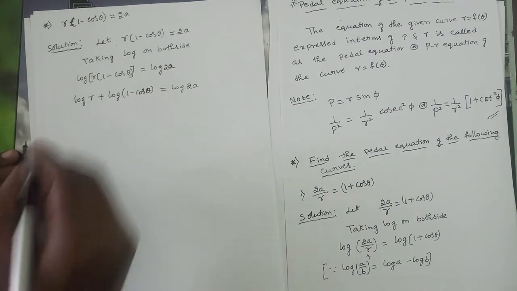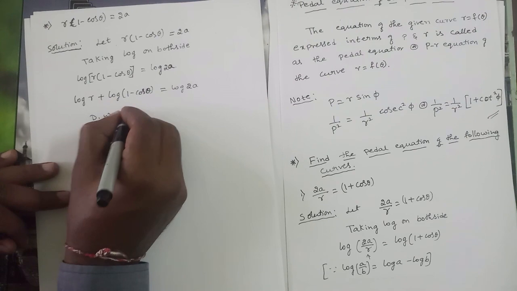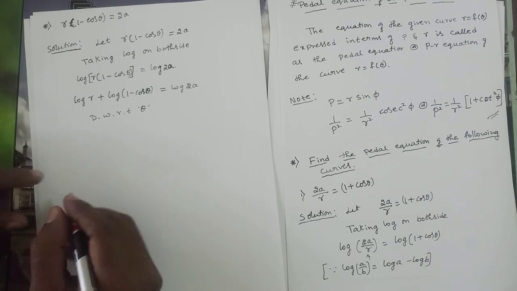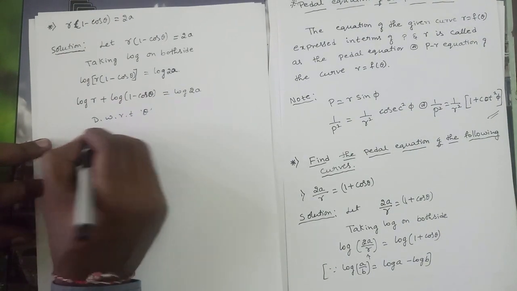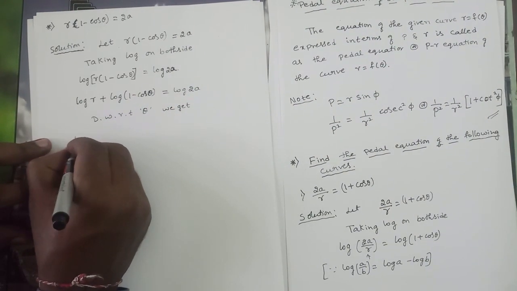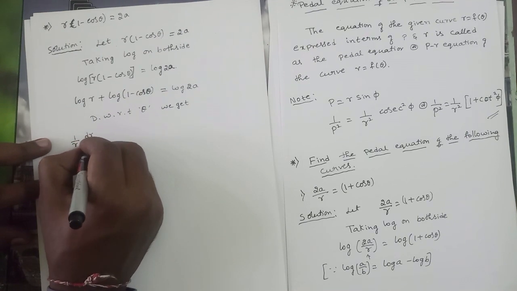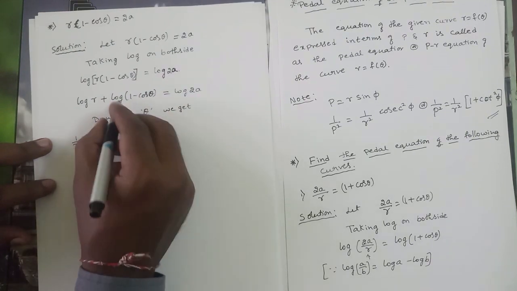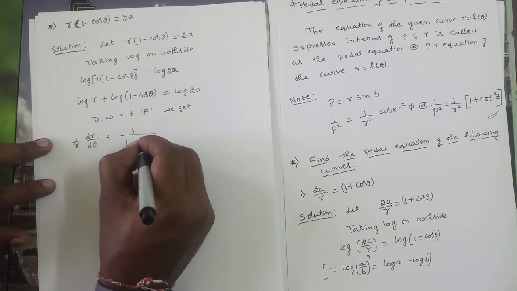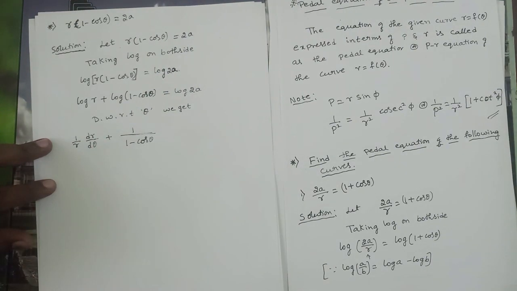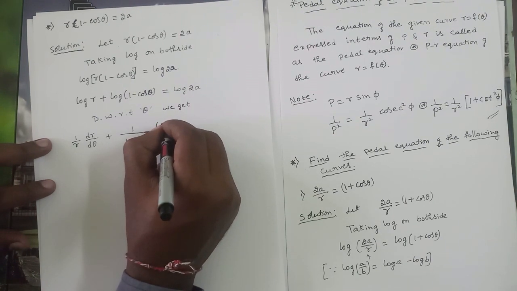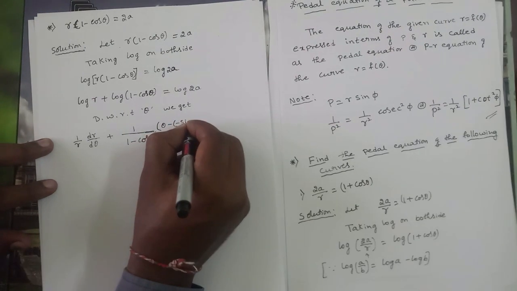So now differentiate with respect to theta. So we get 1 by R into dr by d theta, plus if you differentiate 1 minus cos theta, you'll get 0 minus of minus sin theta.